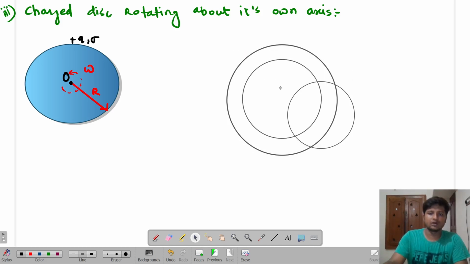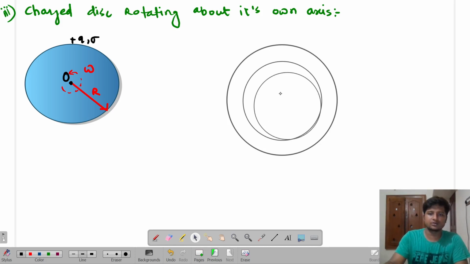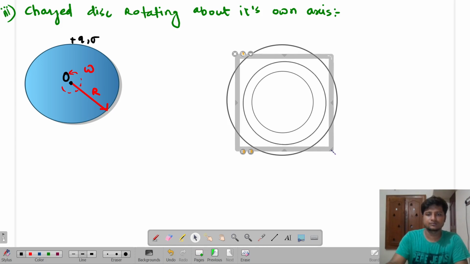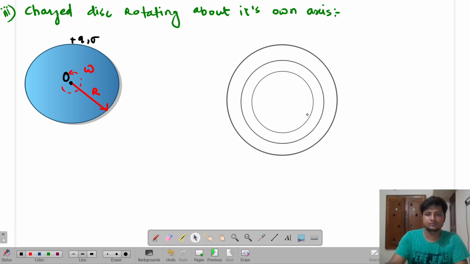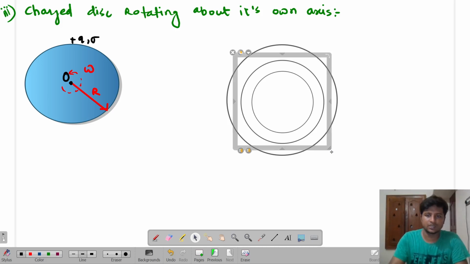What is the formula of velocity in terms of omega and r? V is equal to r omega.